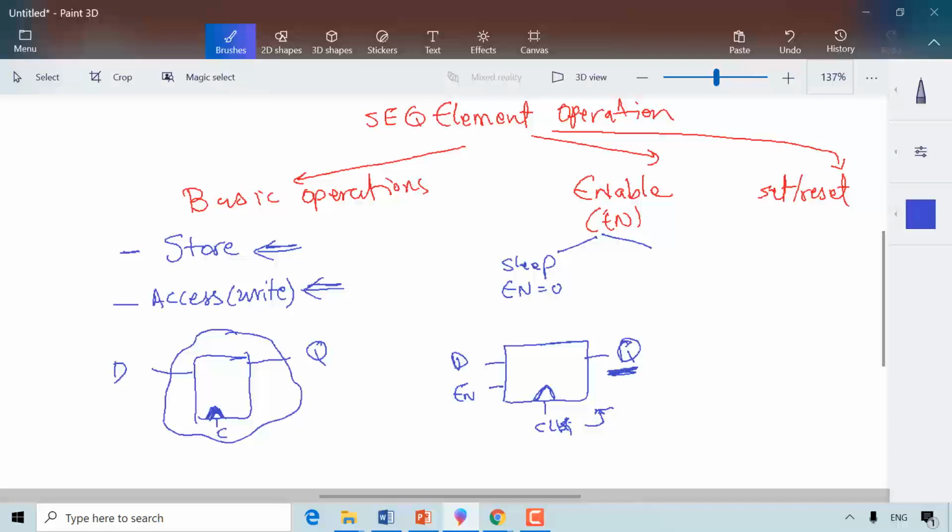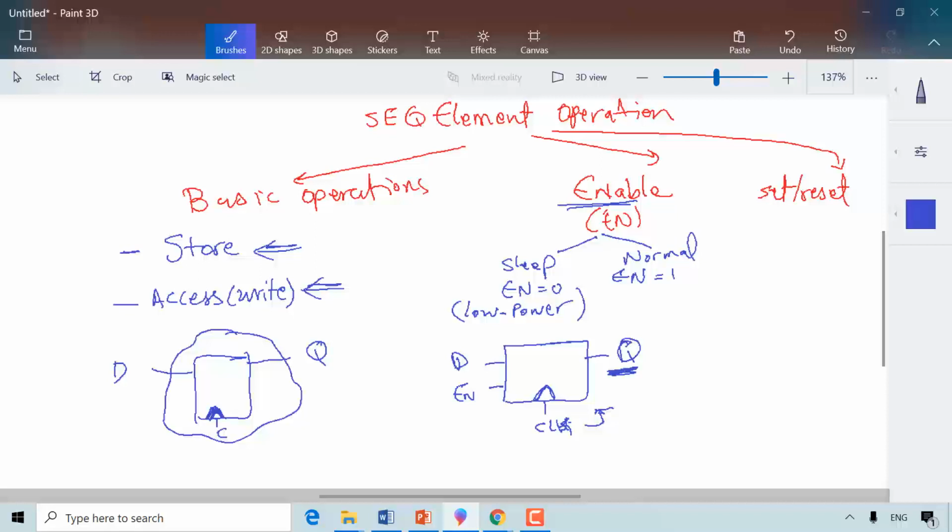Because the flip-flop is in sleep mode, typically this mode is used for low power modes. And then we have the normal mode. It acts as usual when enable equals 1. So this is another operation that we will discuss in this lecture, probably part 2.